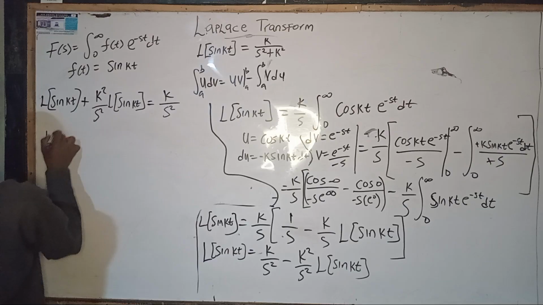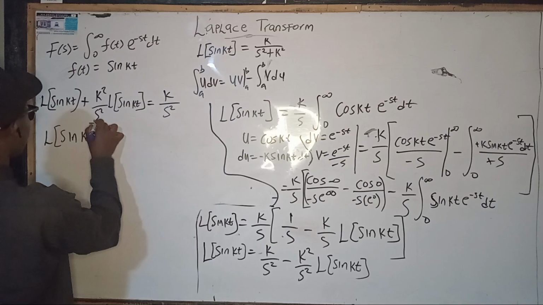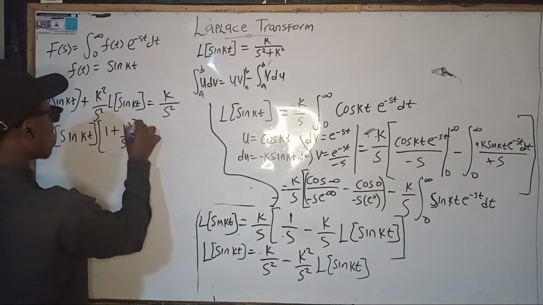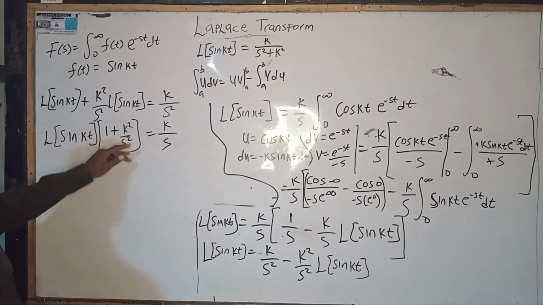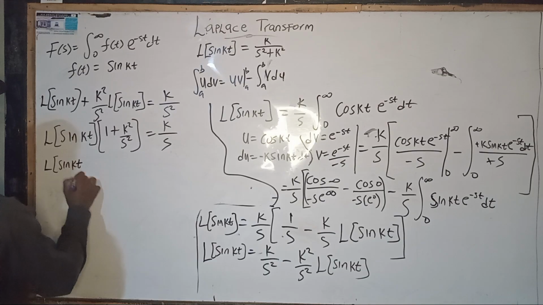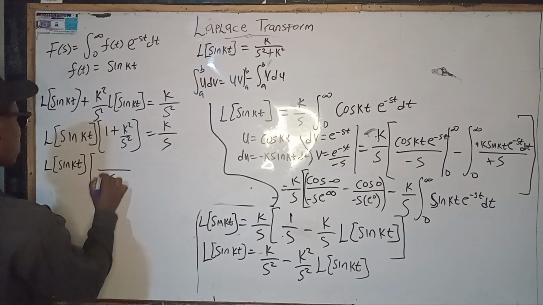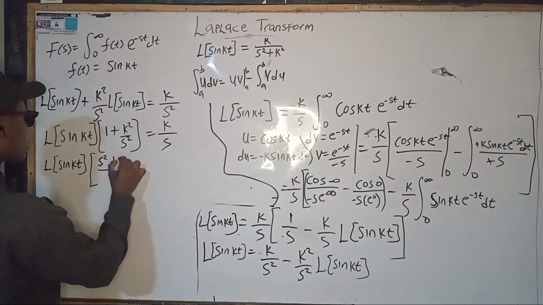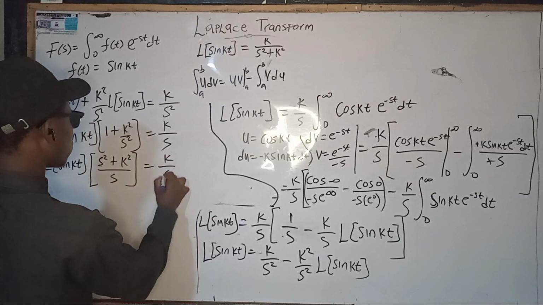We have our Laplace transform of sine kt into bracket 1 plus k square over s square is equals to k over s. So we first simplify inside the bracket. We have the Laplace transform of sine kt into big brackets. If we simplify this, we are going to be having s square plus k square over s square is equal to k over s.